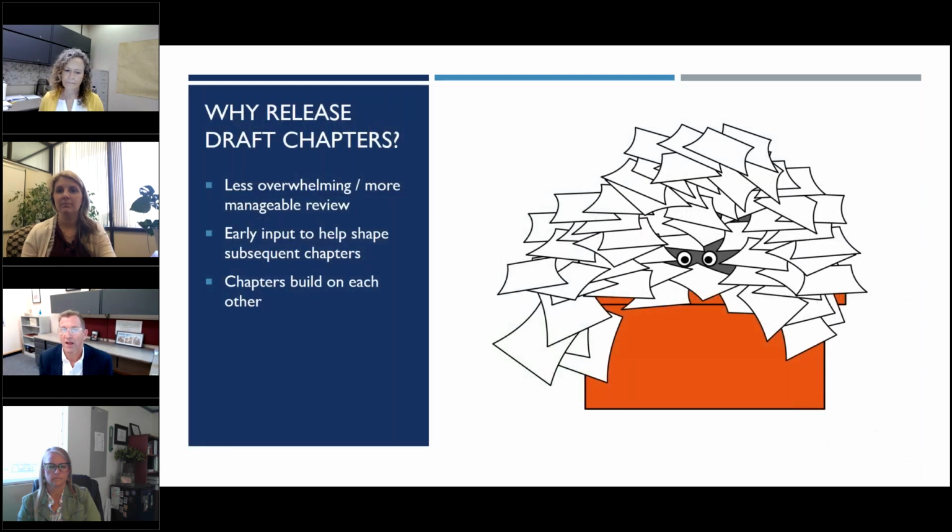So perhaps you're wondering, why are we releasing draft chapters in chunks like this? We thought it was a good approach to be less overwhelming, so we could delve in deeply each time a chapter is released with the public and with our boards and with other interested parties, so they could really understand what's in the plan rather than receive the final draft version. It's an overwhelming document. And it's a way to get input early on.